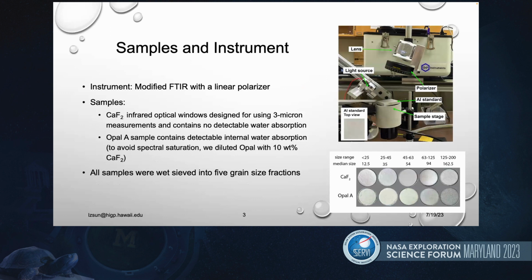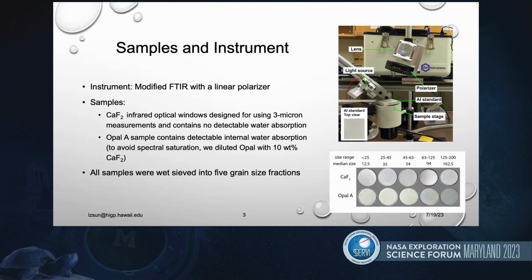To explore this possibility of detecting water using polarization, we measured two kinds of samples with a modified FTIR. We added a linear polarizer to the front of the lens, as you can see in the figure in the upper right. We use a sample stage that can measure both hot samples at 100 C and cold samples at room temperature, which is around 20 degrees C. We prepared calcium fluoride, an infrared optical window designed for use at 3 micron measurements that contains no detectable water.